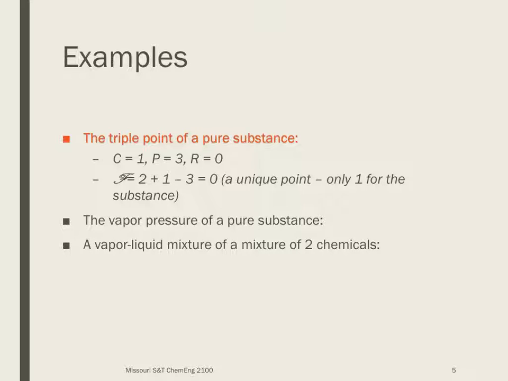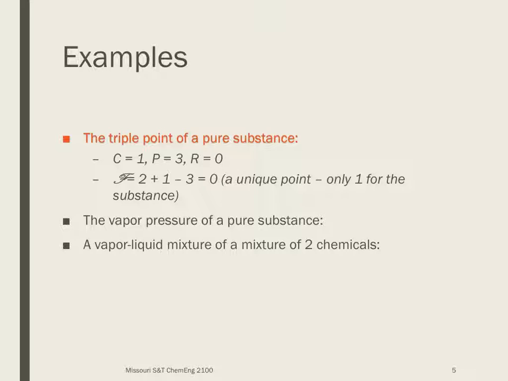I cannot specify anything. If I know that I have a pure substance at its triple point, with all three phases coexisting, nature tells me exactly what is going on in there. It tells me the temperature and pressure. It will define for me all intensive variables.